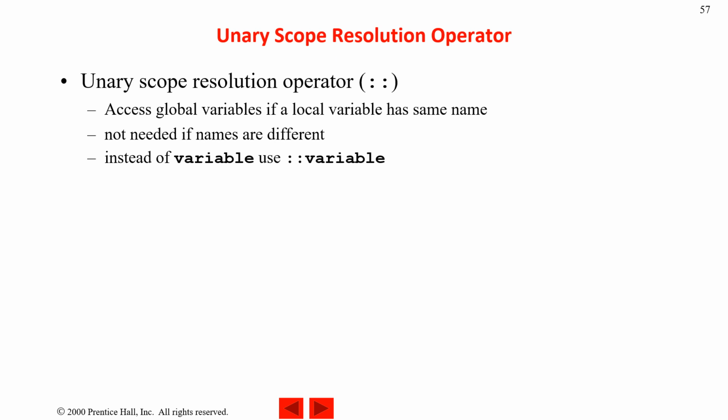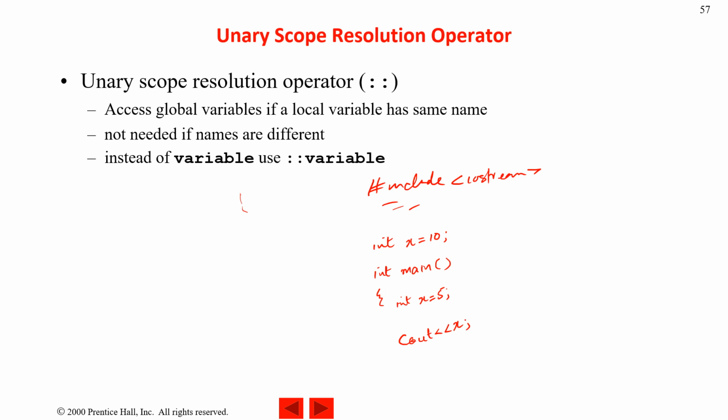Let's look at an example. यहाँ पे मेरे पास वही hash include iostream using namespace यहाँ पे आ जाएगा। यहाँ पे मैं करता हूँ int x is equal to 10, then I have int main में again int x is equal to 5, cout x.